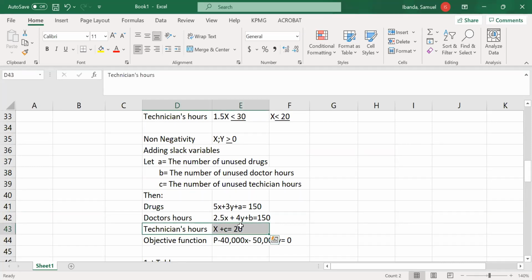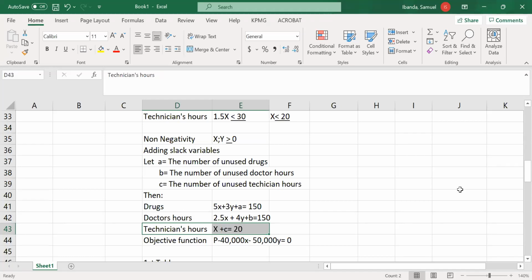And we say that a slack variable is introduced on a function to account for any constraint that might go unused at the point of maximization or optimality.